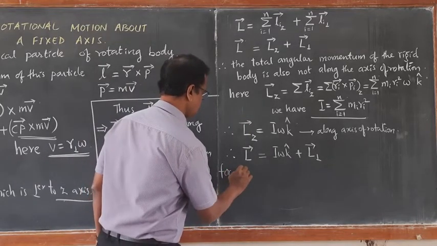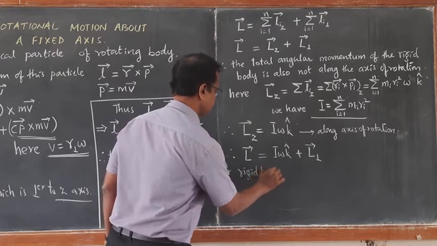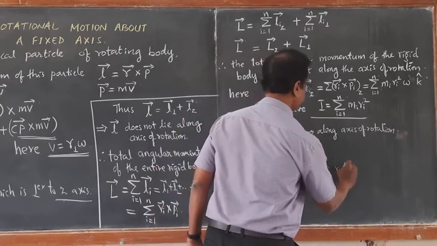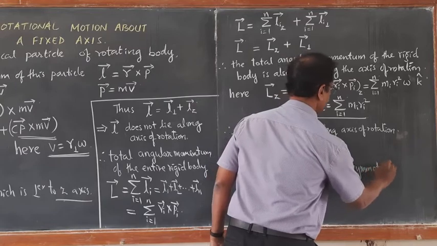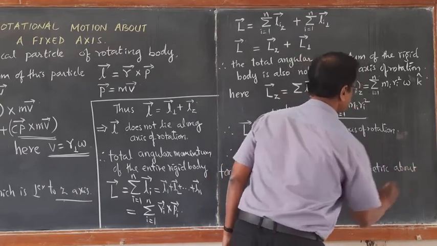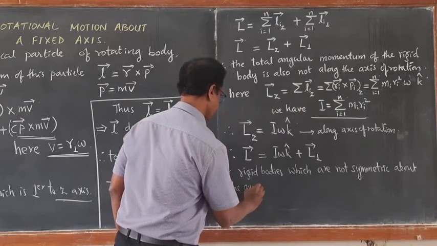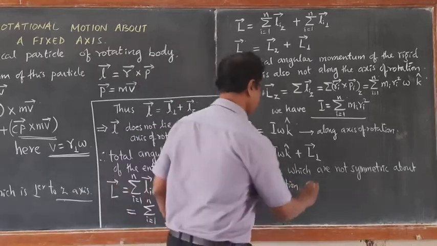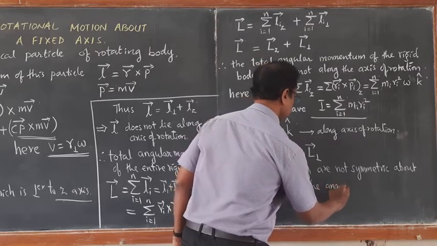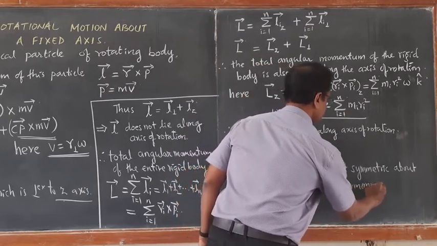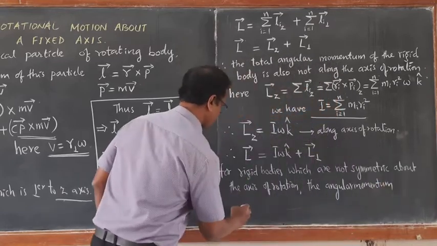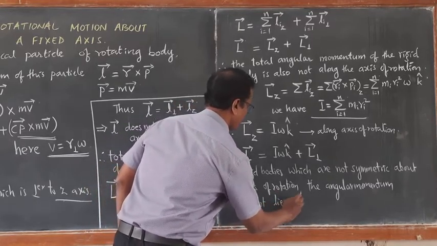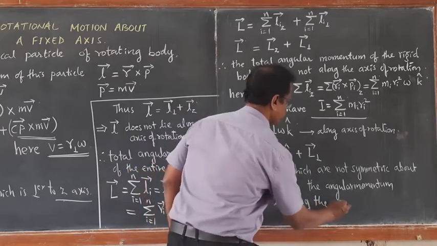For rigid bodies which are not symmetrical about the axis of rotation, the angular momentum does not lie along the axis of rotation.